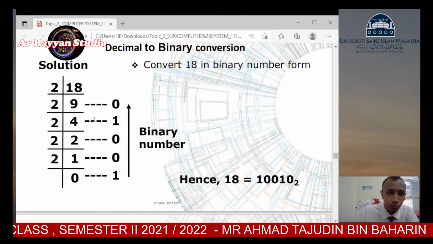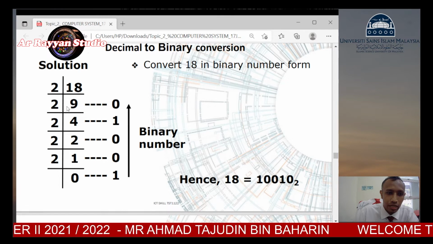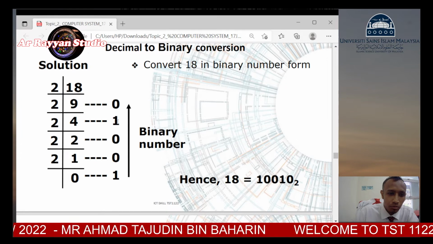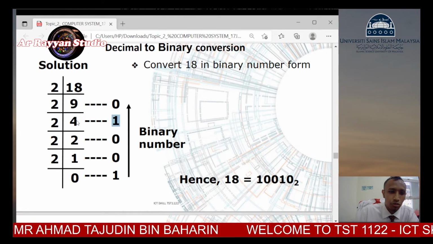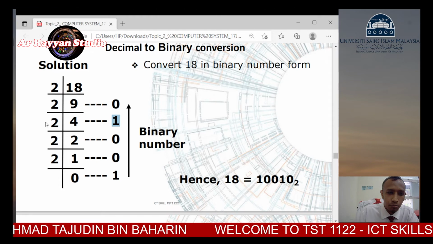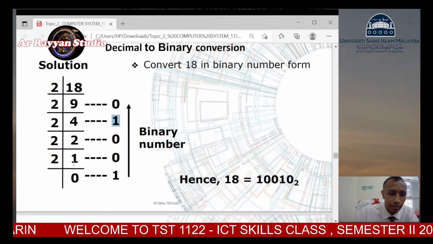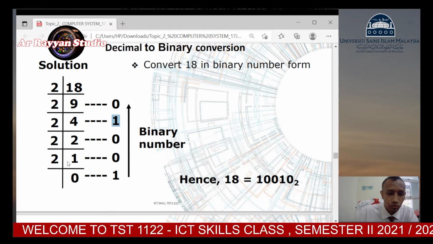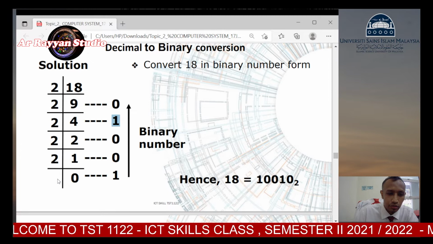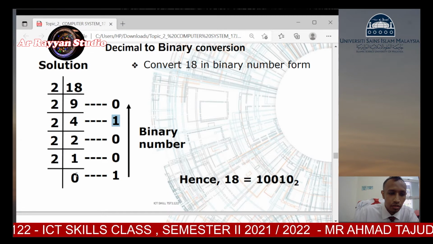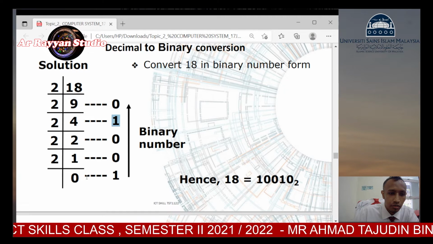So 4 kali 2 adalah 8. So 8 tolak 9 baki berapa? 1. So baki dia 1. Alright, so sama juga ni. 4 bagi 2, so tak ada baki, so jadi 2. So 2 bagi 2 dapat 1, tak ada baki juga. And then 1 bagi 2 dapat kosong. Baki 1. Bagi 2 tak boleh. Kenapa tak boleh?